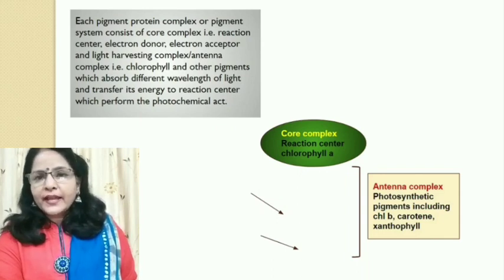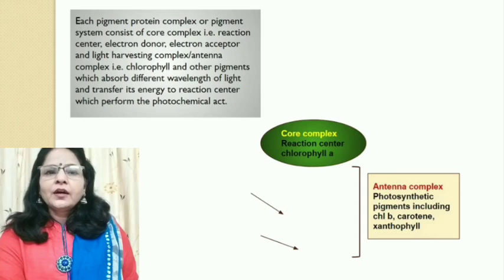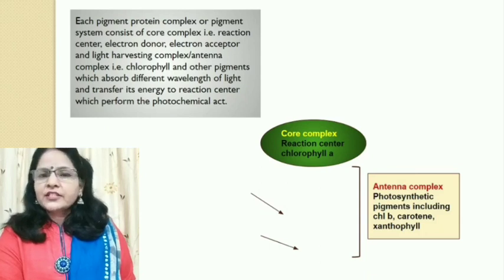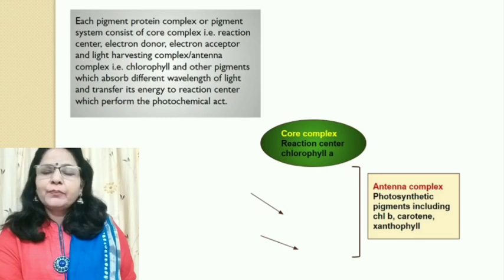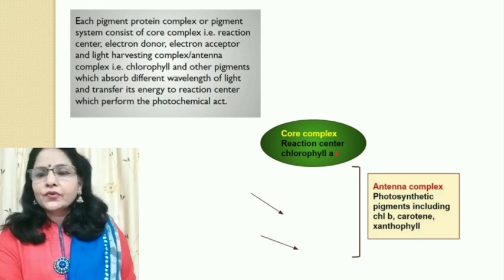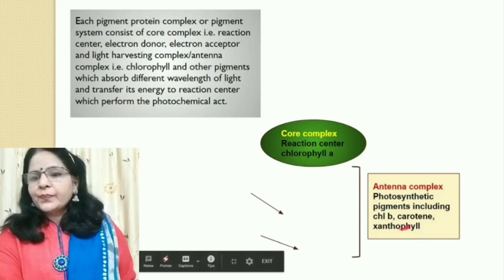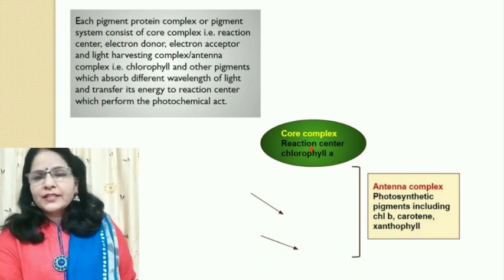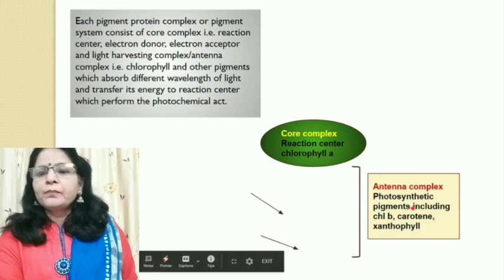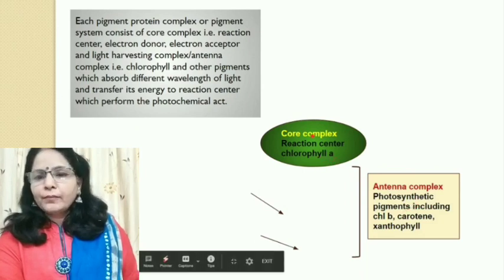The core complex consists of reaction center, electron donor, and electron acceptor, and the light harvesting complex consists of different types of photosynthetic pigments like chlorophyll A, chlorophyll B, carotenes, xanthophyll, etc. So each pigment system consists of core complex and antenna complex.